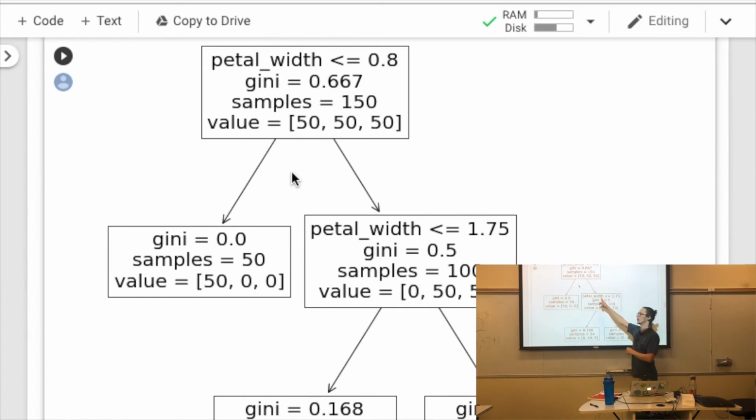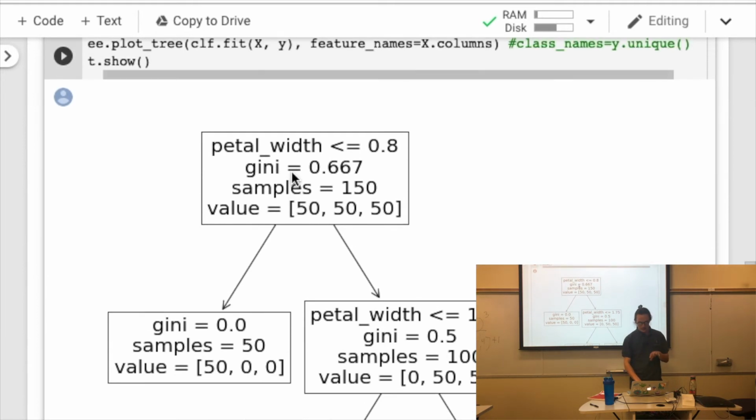Wait, I think it would be true on the right, because all the ones with petal width less than 0.8 go over here. And then we ask, is it less than 1.75? Well, they all would. If they're less than 0.8, they're less than 1.75. Oh yeah, I was reading that as 8. Yeah, you're right. So this is false, and everything over there is true.